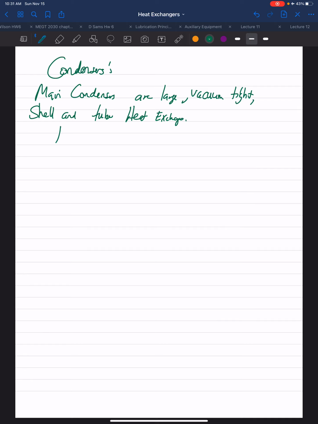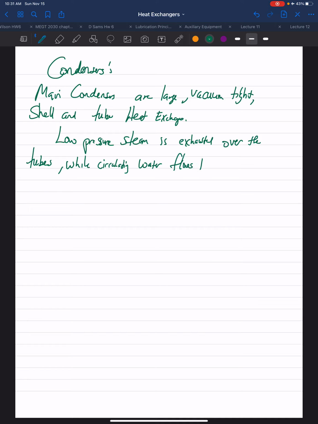And in condensers, low pressure steam is exhausted over the tubes while circulating water flows through the tubes.